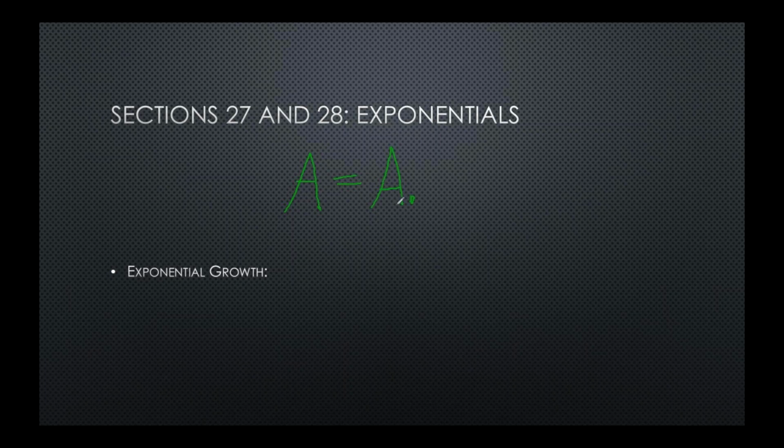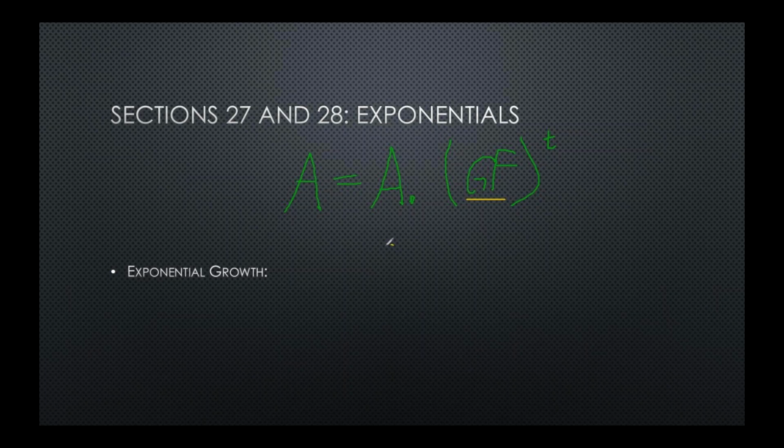So your ending amount equals your initial amount times your growth factor raised to your time period, whatever that might be. And in my experience of teaching these sections, exponential growth and decay always go a lot easier than linear modeling. So don't let this initial formula freak you out because really it's not that bad at all.